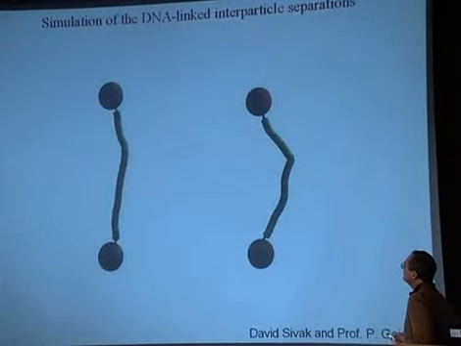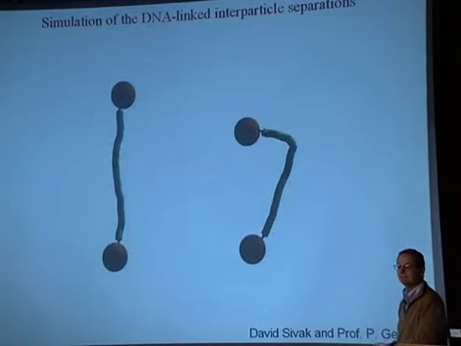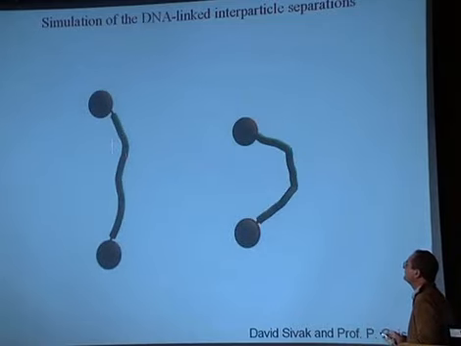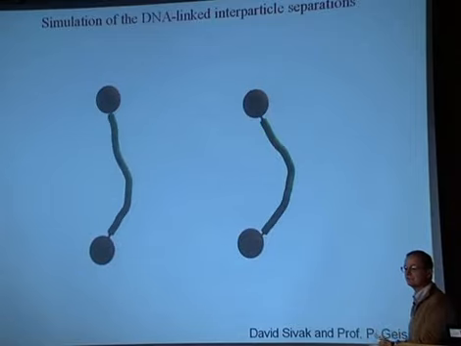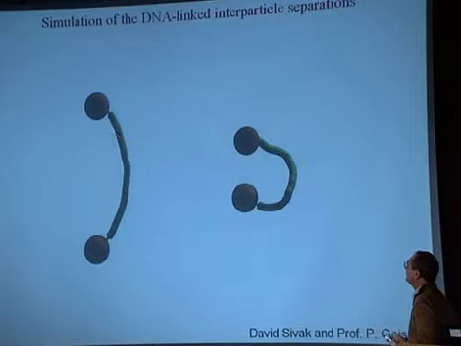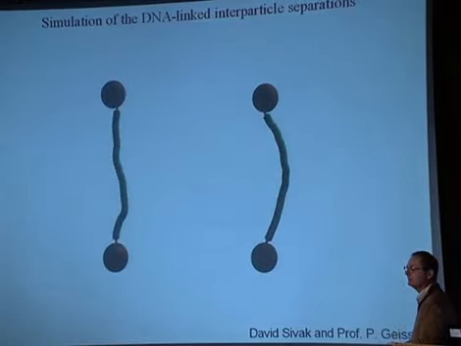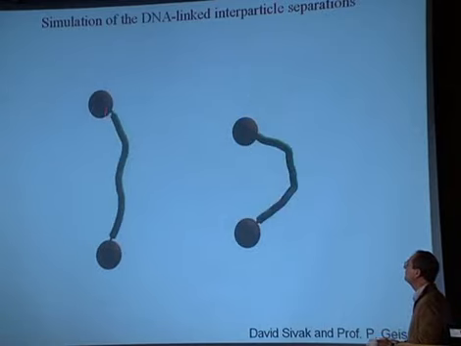This is a model where the DNA is a double strand and a worm-like chain. And it's about the scales of what we used in the small-angle X-ray scattering experiment. And you can see it's kind of flopping around. And this is using the persistence length that you'd find in your textbook. But when we measure the distribution of distances and we use this model, it doesn't look anything like the distribution we see. The particles are too far apart.